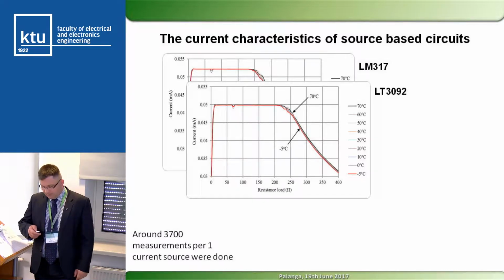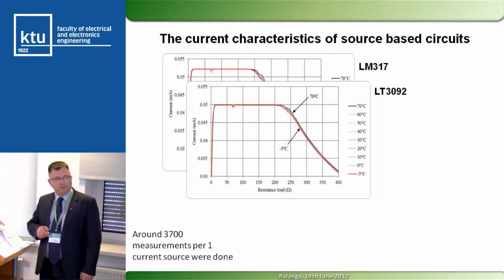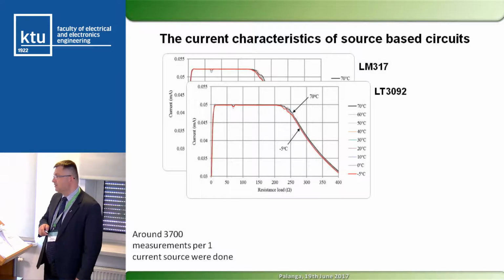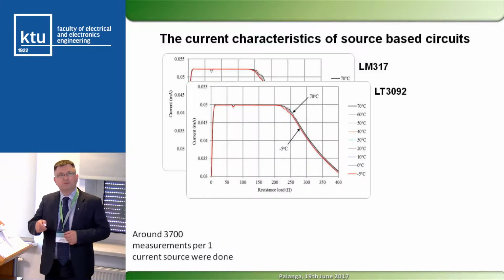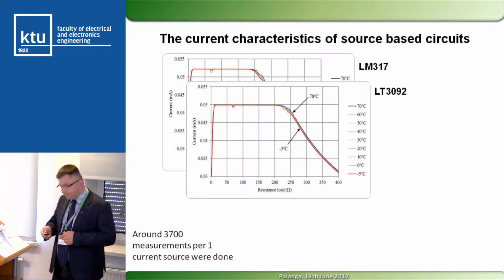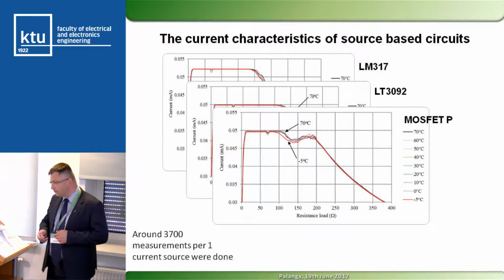What is more, maybe it's information for you how many measurements we have to accomplish during one measurement process. We have to do 3,070 measurements during the whole measurement process for one series of characteristics for one current source.